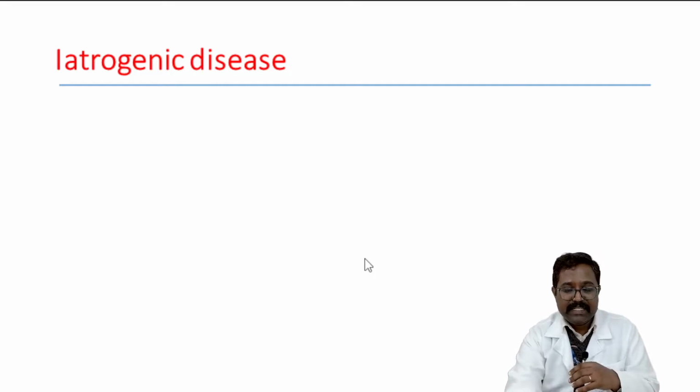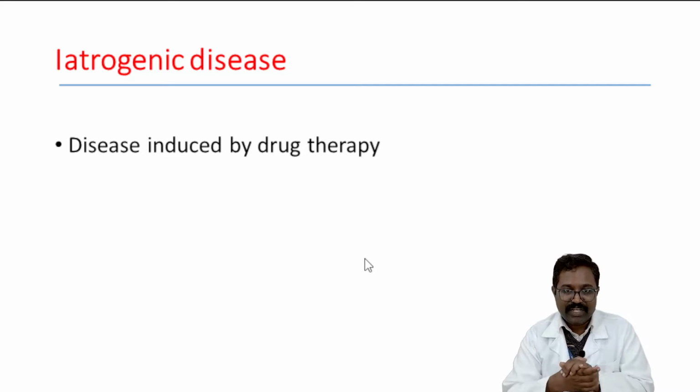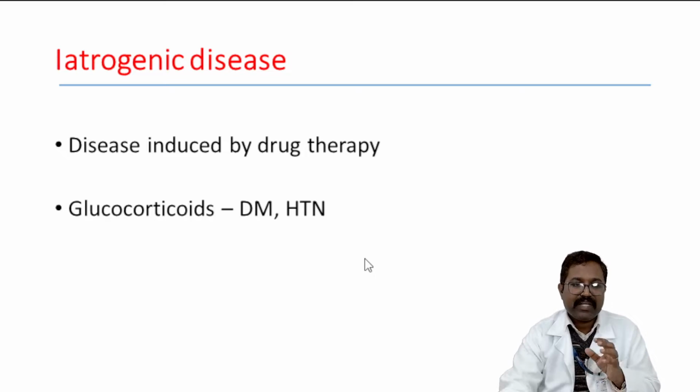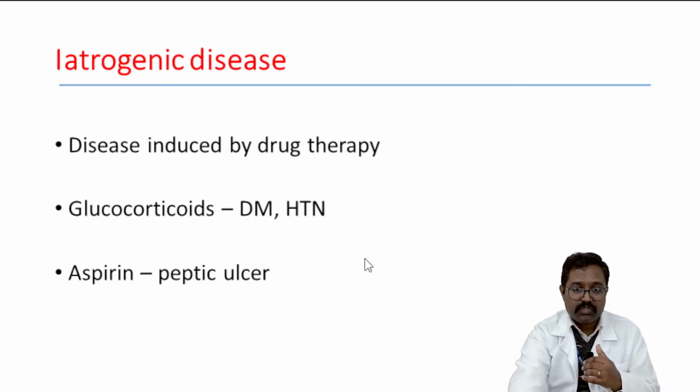So iatrogenic disease is a drug-induced disease, or disease induced by the drug, or it can be called physician-induced adverse drug reactions. An example is glucocorticoids can lead to hypertension and can lead to development of diabetes mellitus also.